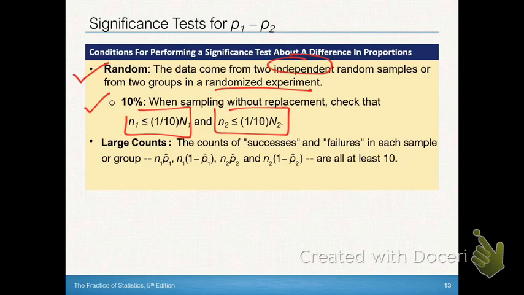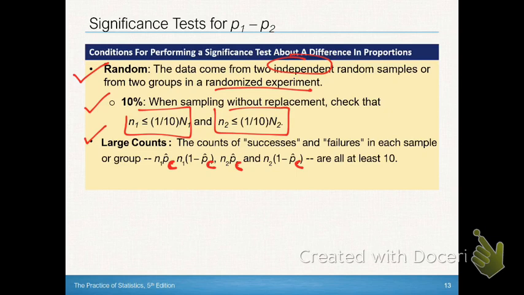And we are still going to do large counts, and we are still going to check it twice. But again, because we are assuming that the two proportions are equal, any place where we would have used the sub 1 or the sub 2, we're going to change them to sub c's. So we're going to use that combined proportion rather than the individual ones.